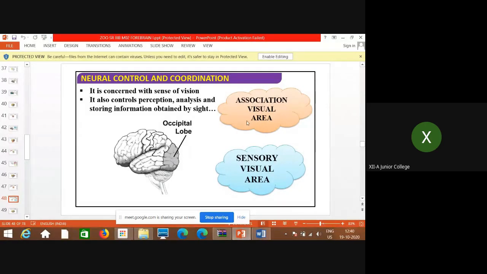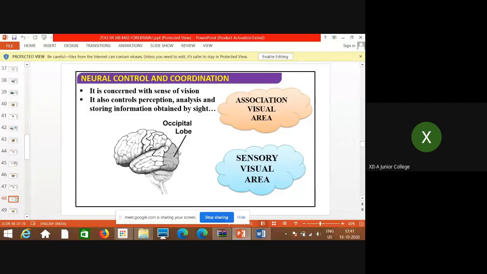That means association visual area as well as sensory visual area. Sensory visual area means whatever you see, that is the sense. And association visual area means that remains as a memory. You understand what you have seen, that means perception, analysis, and then storing the information, that is related to association.